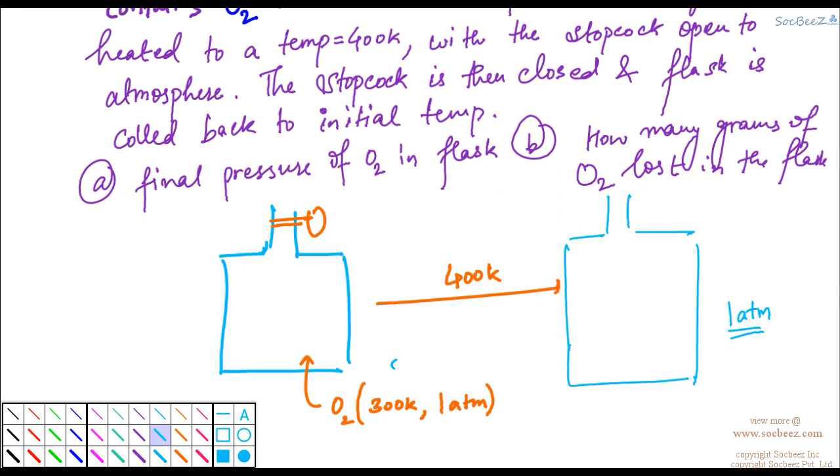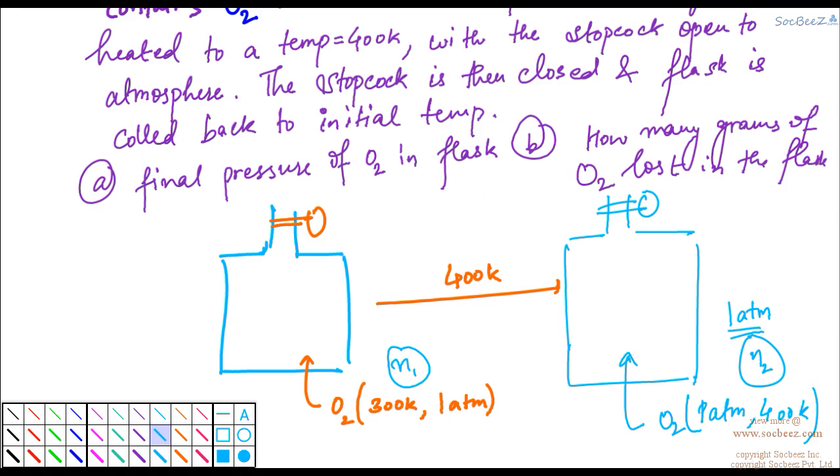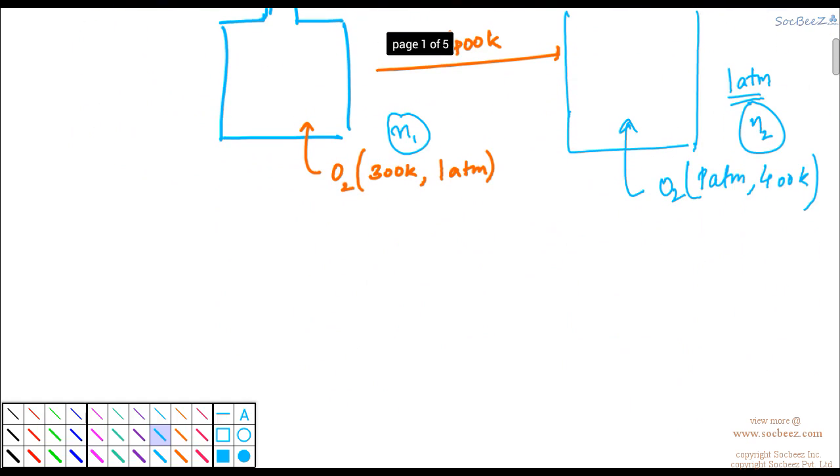The moles decreased. Let's suppose that moles initially was N1, finally N2, right? Now then the stopcock was tightened, so in this situation we have O2 still at 1 atm pressure and 400 Kelvin. So let's first calculate how many moles are present in the first scenario and how many moles are in the second scenario. Obviously the volume has remained the same, 2 liters over here as well.